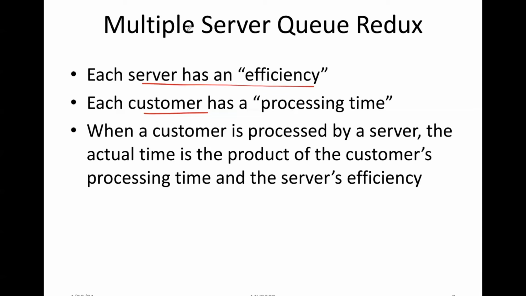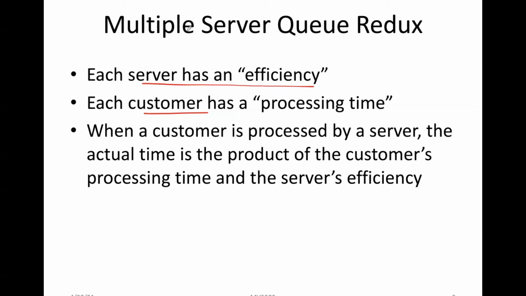So for this model, the idea is just that the customer is going to come in with their processing time instead of having the server be dictating the processing time. Now, in this particular case, the actual processing time is going to be a function of both the customer and the server.